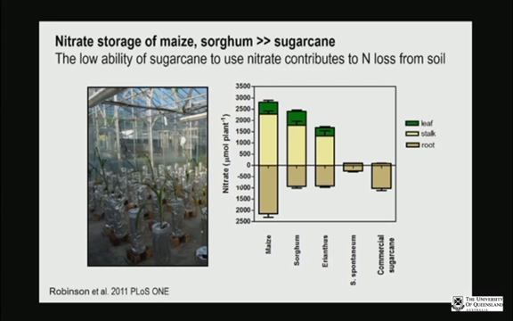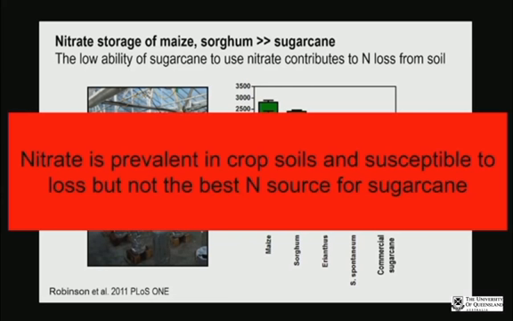They might actually have some benefits when it comes to mopping up some of this excess nitrate from the soil. Now, I said nitrate is prevalent in crop soils and susceptible to loss, but it's not the best nitrogen source for sugarcane. So it may be different for other crops, but sugarcane is not in that category.